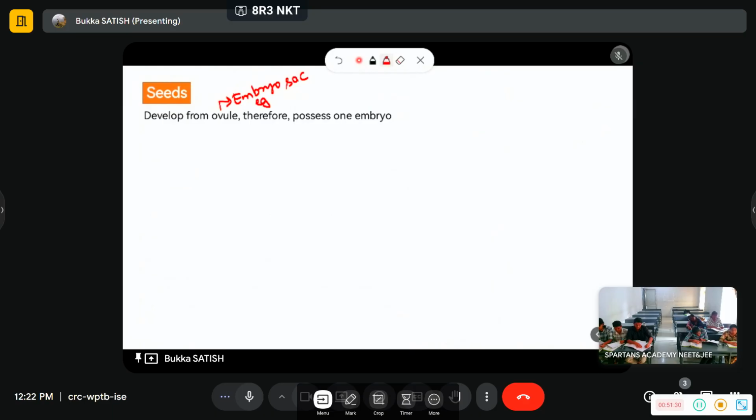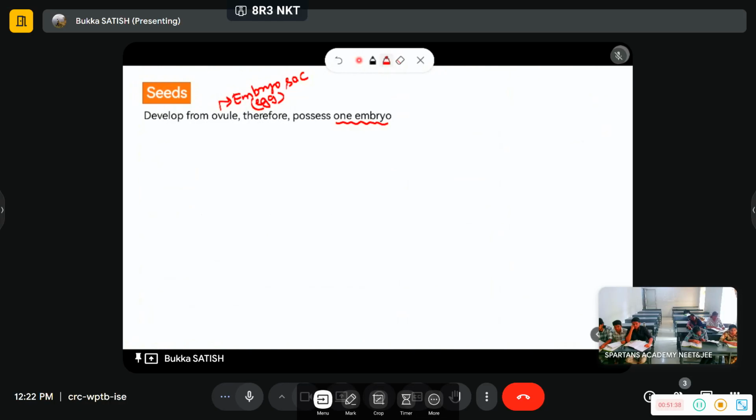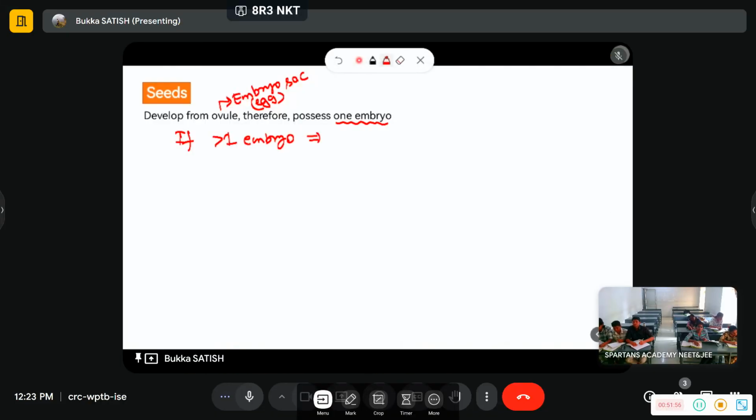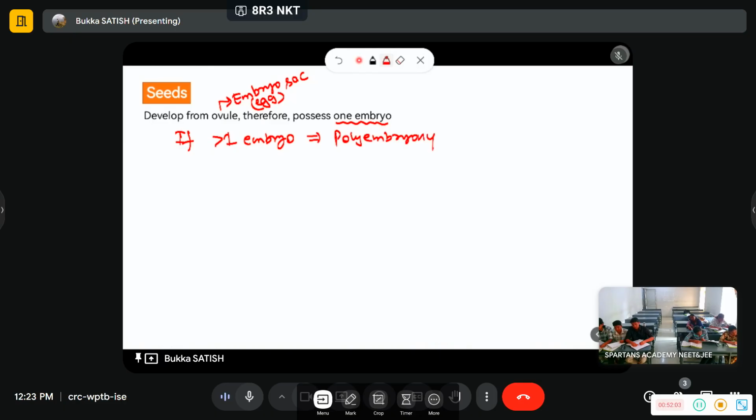One embryo sac means only one egg. Therefore, inside each seed, there will be one embryo. If one seed possesses more than one embryo, we call it polyembryonic.